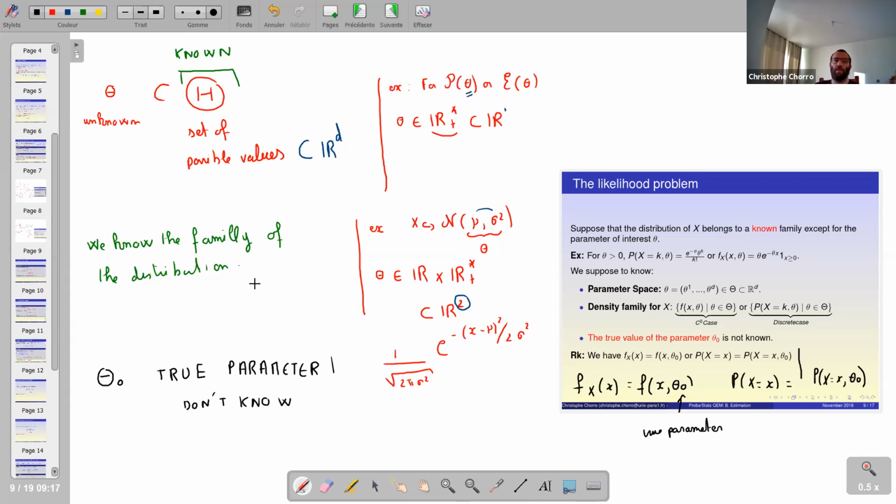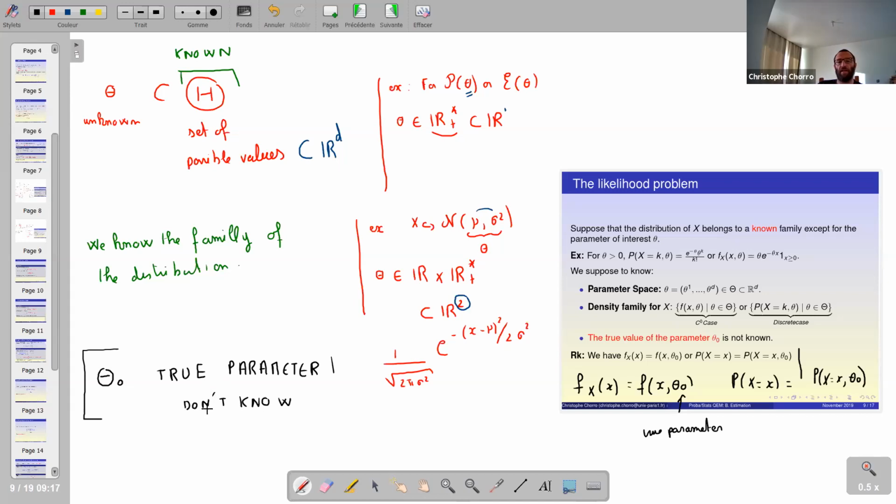And I just give a name to the true parameter, the one I am interested in, denoted by theta 0. That is the parameter of interest, the one I want to approximate the best.